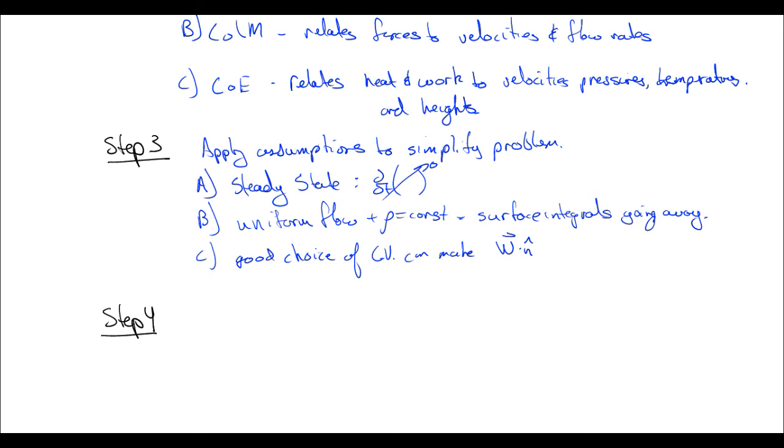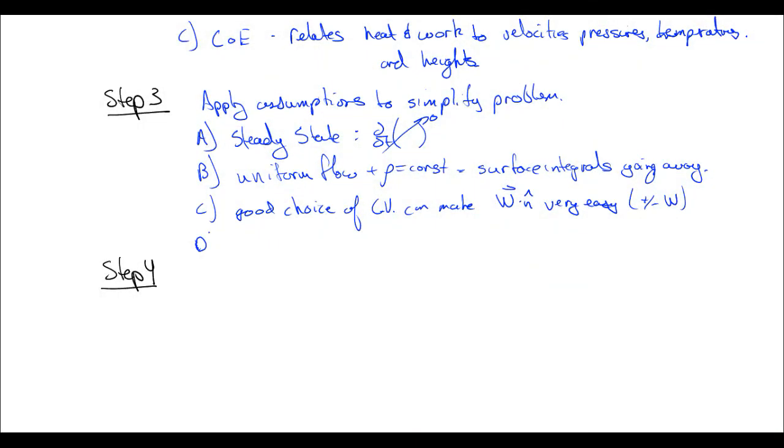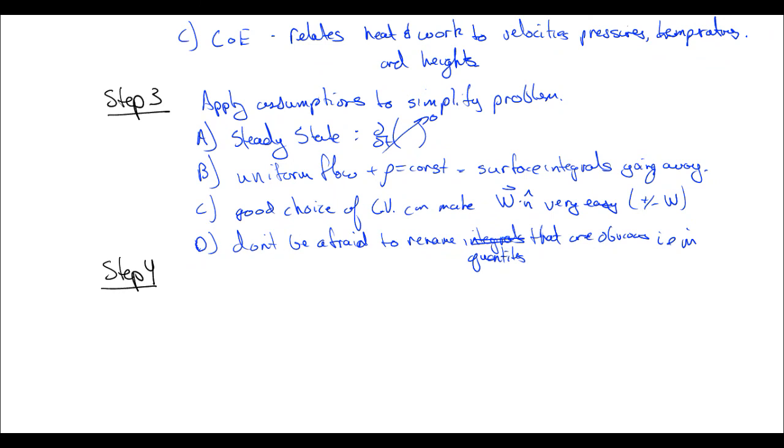In other words, plus or minus W. And don't be afraid to rename integrals or quantities that are obvious, i.e. m dot CV is equal to d dt of the integral of rho dV, right?